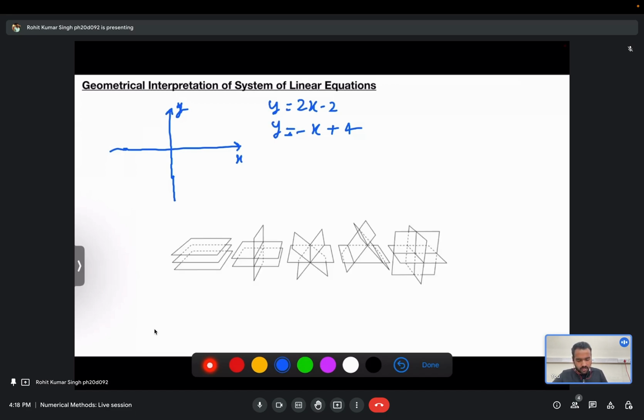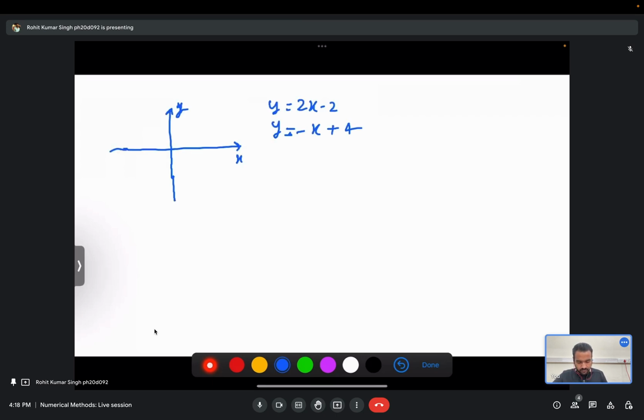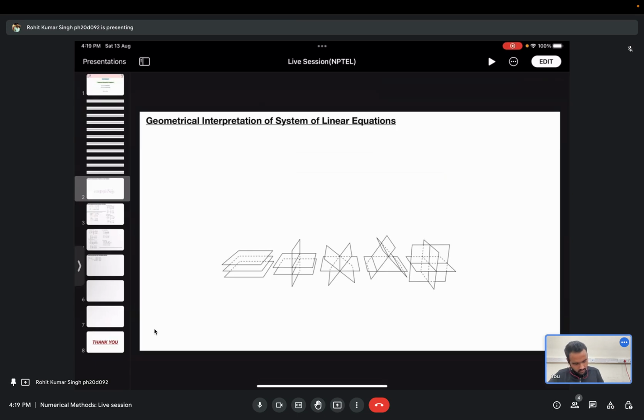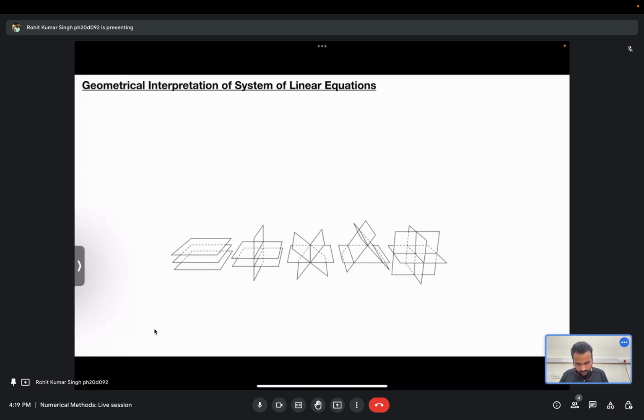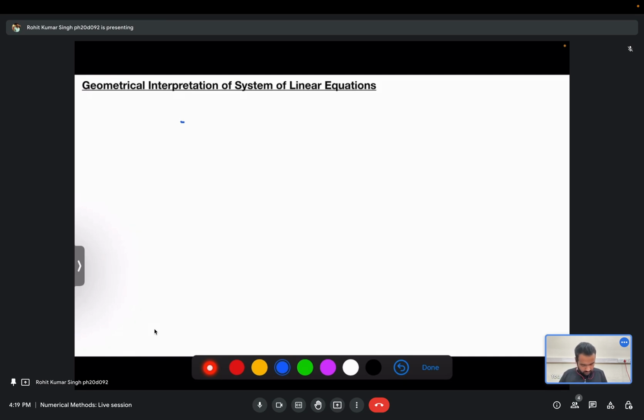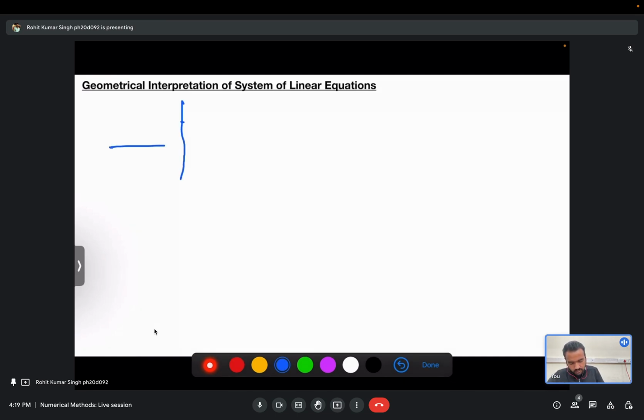Here I have written two equations, but sorry, this keeps happening, let me start over. Here we have a simple two-dimensional system, y and x, and let's say two equations: y is equal to 2x minus 2 and another line.